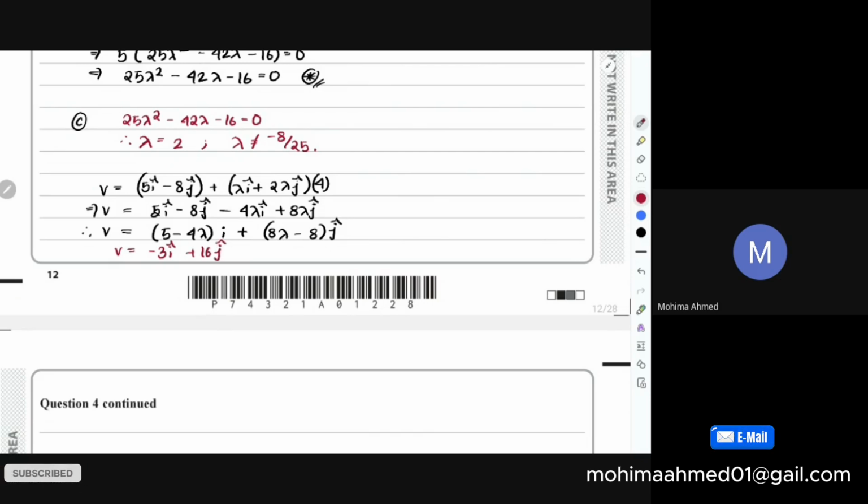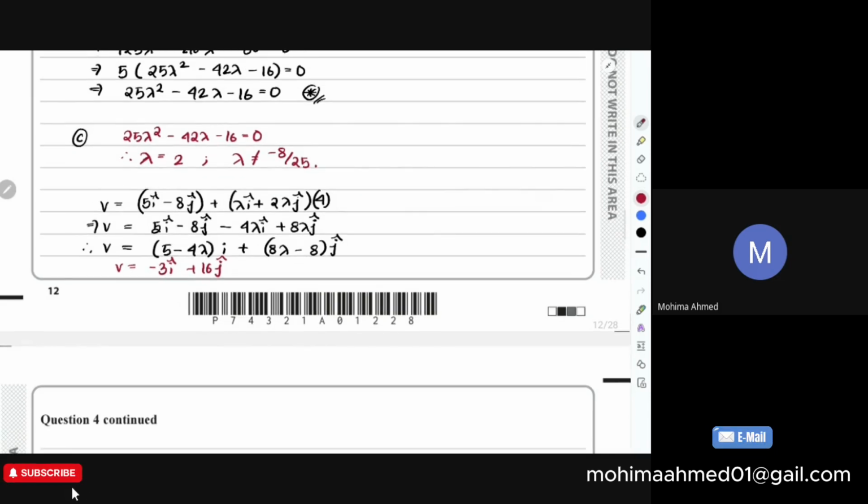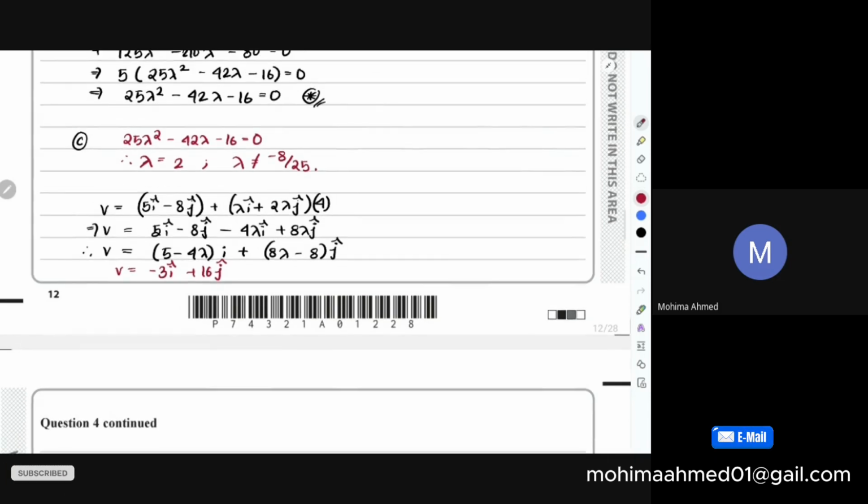So remember that I was trying to find out the bearing, right? Sorry, this is supposed to be 8j.